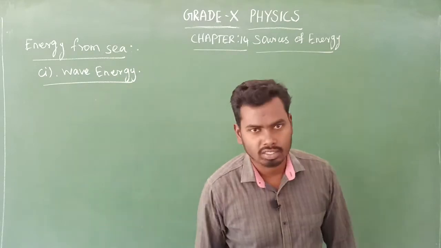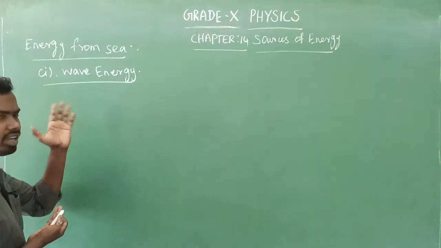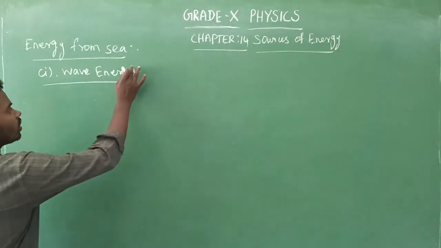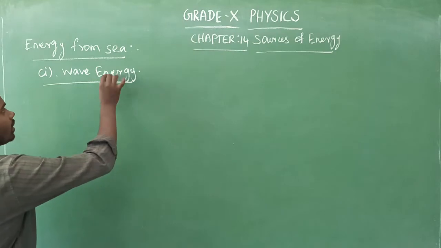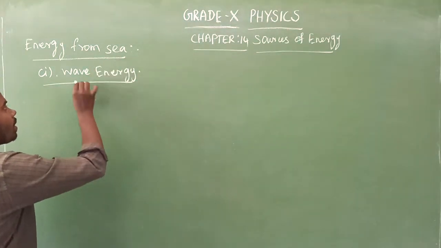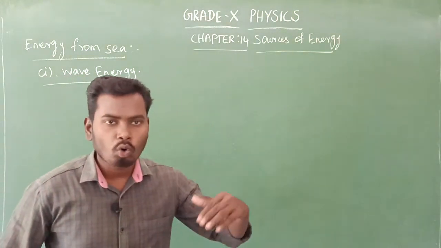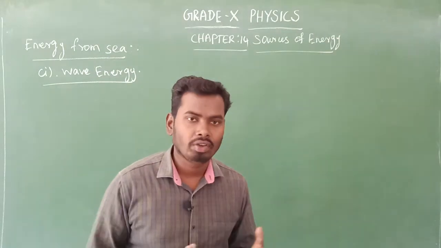What is wave energy, sir? The title reveals the answer. So energy is generated. What energy? Electric energy. Electric energy is generated from sea or ocean waves. That is called wave energy.